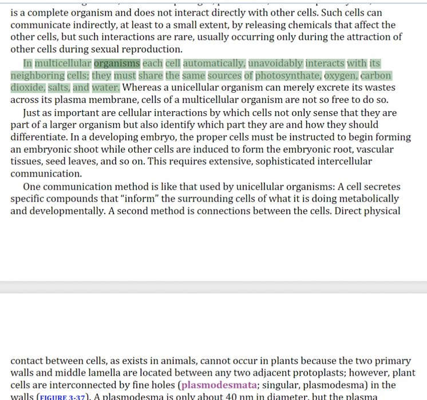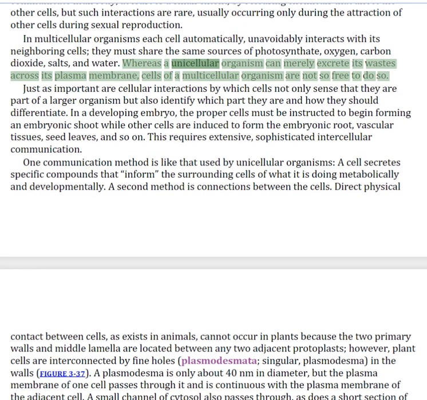In multicellular organisms, each cell automatically, unavoidably interacts with its neighboring cells. They must share the same sources of photosynthate, oxygen, carbon dioxide, salts, and water. Whereas a unicellular organism can merely excrete its wastes across its plasma membrane, cells of a multicellular organism are not so free to do so.